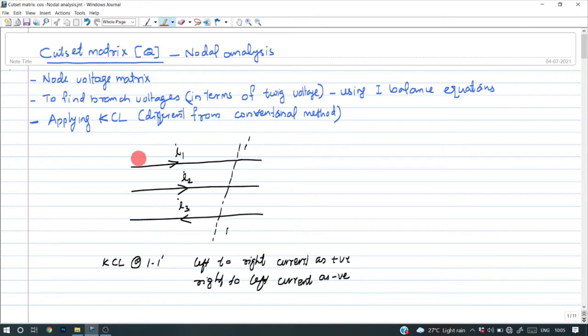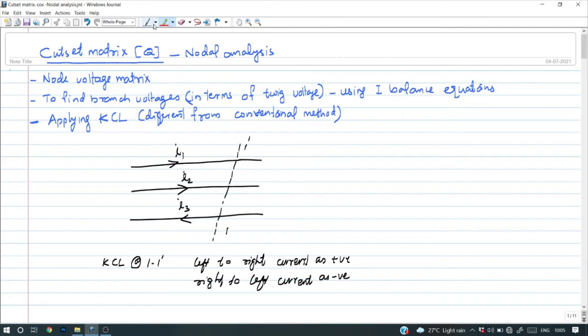So this is left and this is right of the imaginary line. The current direction is moving from left to right, so I1 is taken as positive and I2 is taken as positive. As the current I3 is moving from right to left, it is taken as negative.